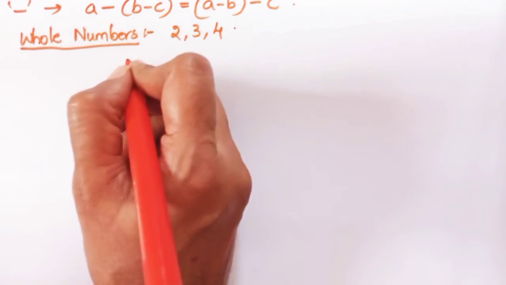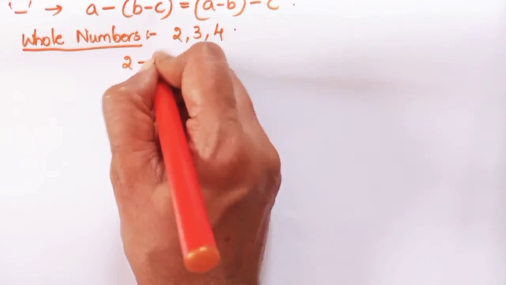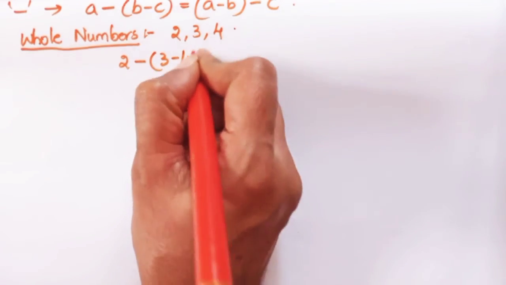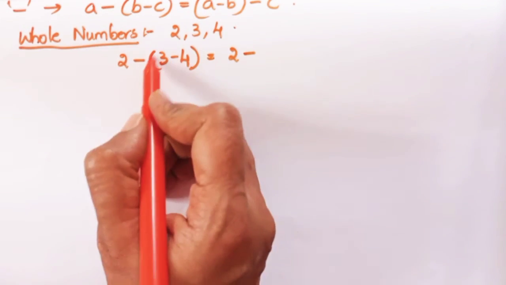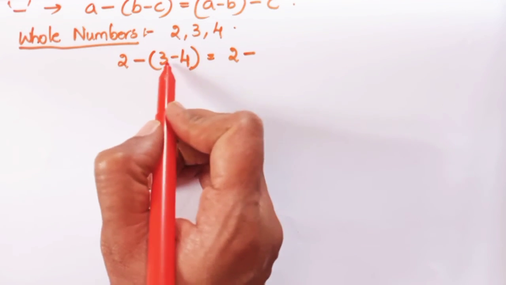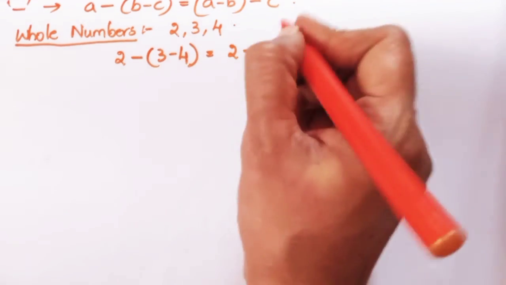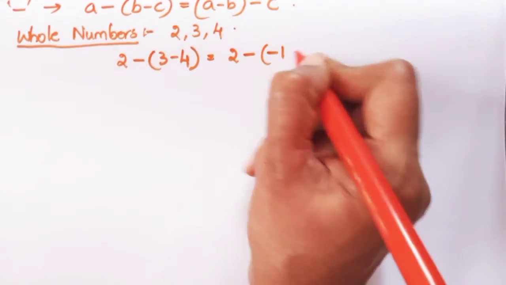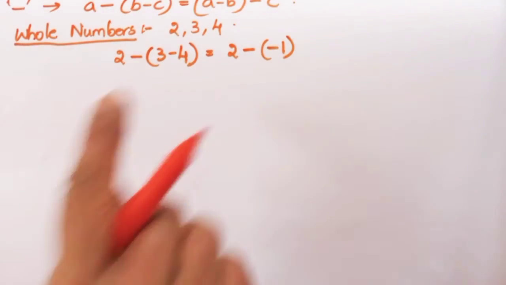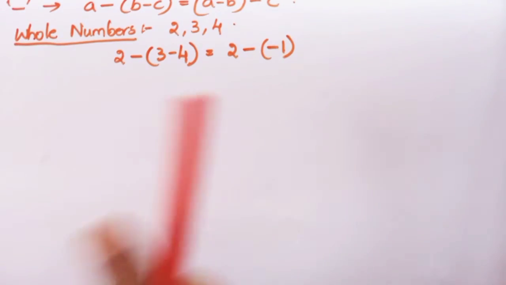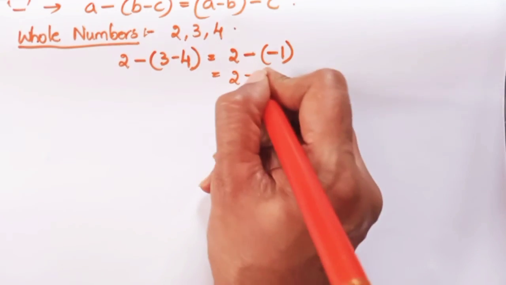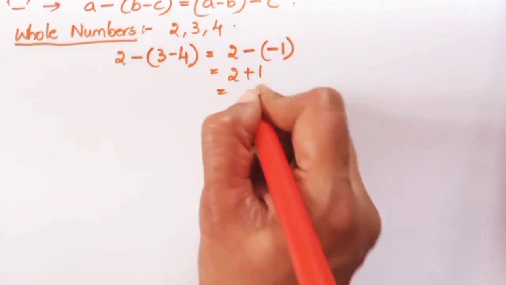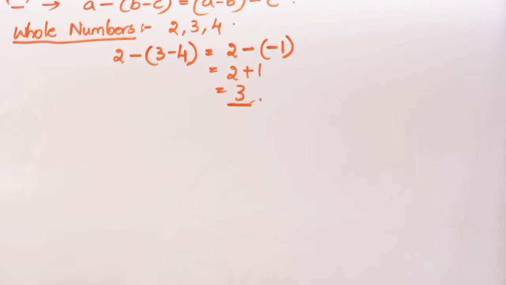Firstly, A minus B minus C, that is 2 minus 3 minus 4, that is equal to 2 minus, these are in brackets, right? So firstly I need to solve this. 3 minus 4 gives me minus 1. Minus of minus 1 will become plus 1 and my result is 3 here. Keep it like that. This is my case 1.